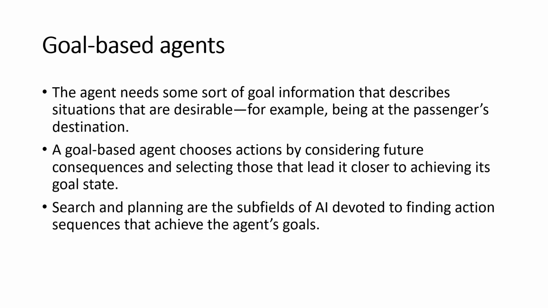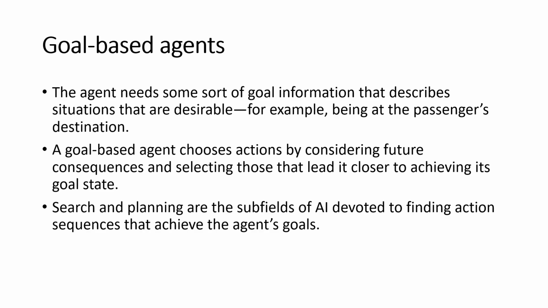So the agent asks, if I do this now, where will I end up? It compares different possible action sequences. For example, we will discuss a taxi. If it turns left, there is a traffic jam. Go straight, then the road is clear. Then the agent chooses the straight road.